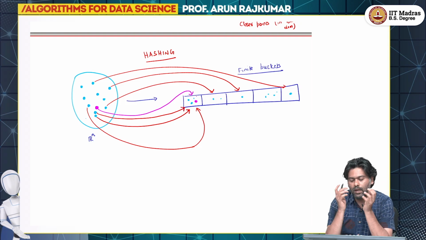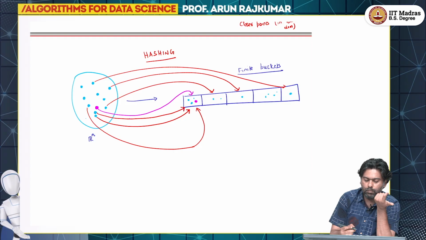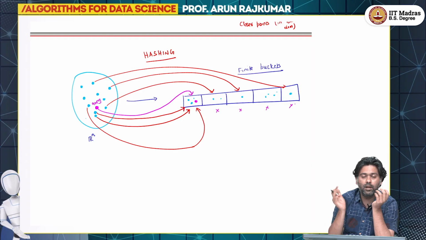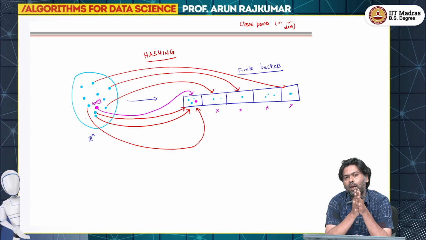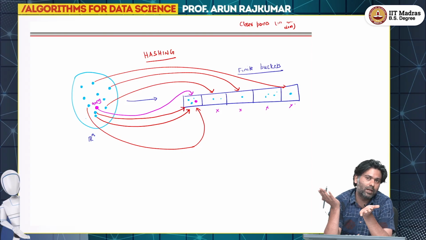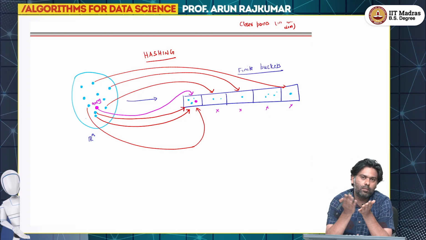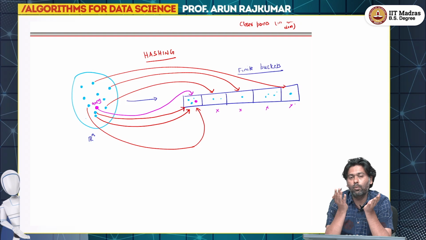If the query point went to the first bucket, then none of the other buckets matter. So, if I had only a fraction of the original points in this bucket, then I am in good shape, because I am not going to look at all the data points. I am only going to look at a partial data set.